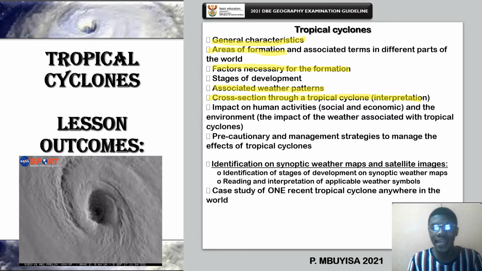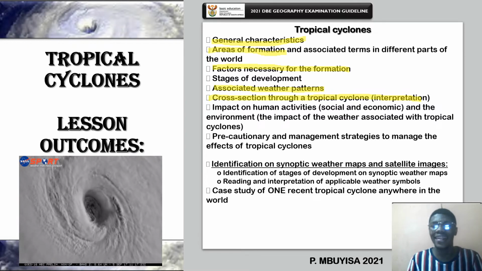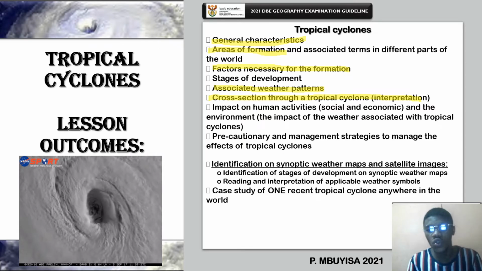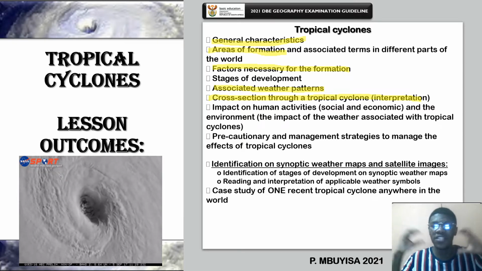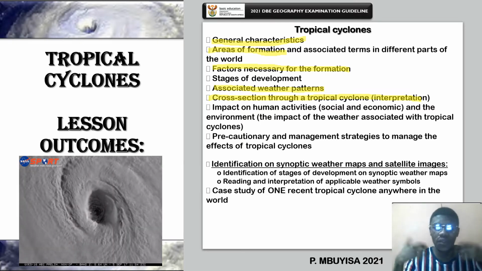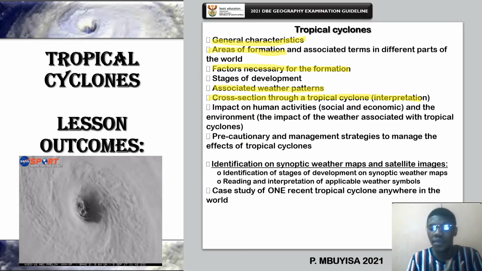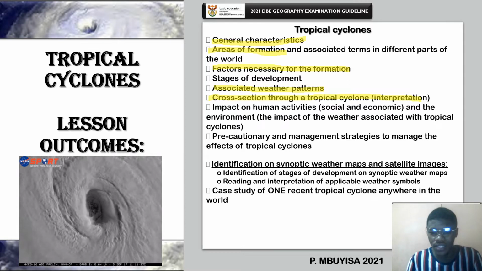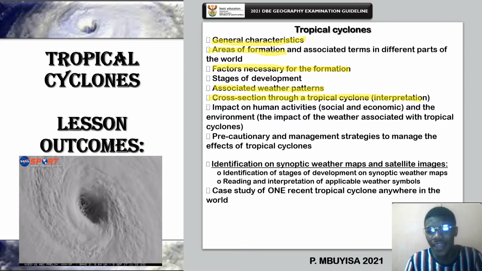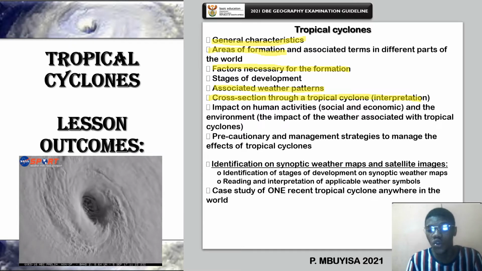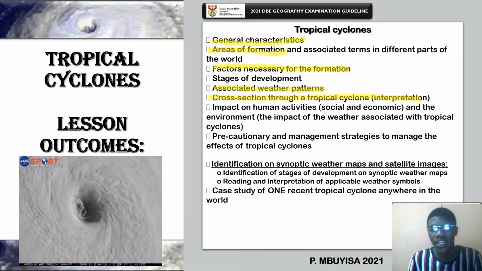And since we said these systems are named, let's just recap quickly. They are named alphabetically. Then you need to know in each hemisphere what names we use to describe them, so that if they ask you that, you're able to identify that in the examinations. And again, if they give you a case study, you need to be able to answer questions on one of the most recent tropical cyclones.